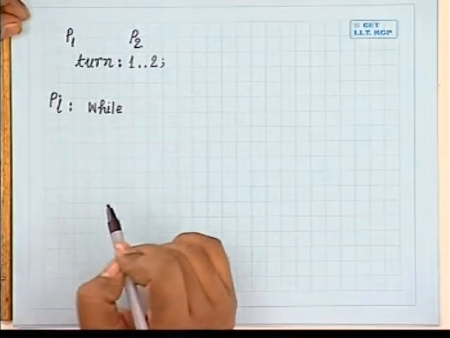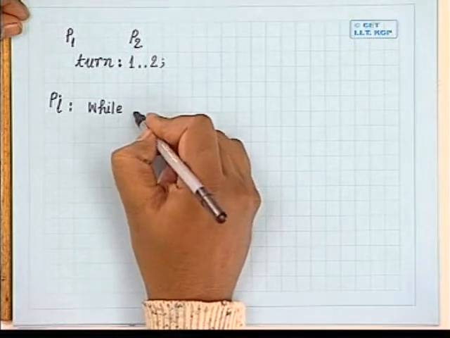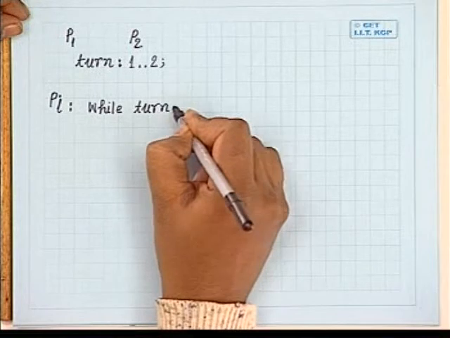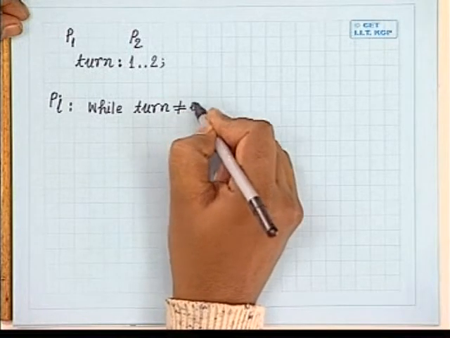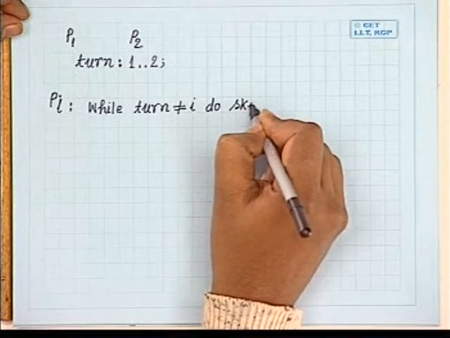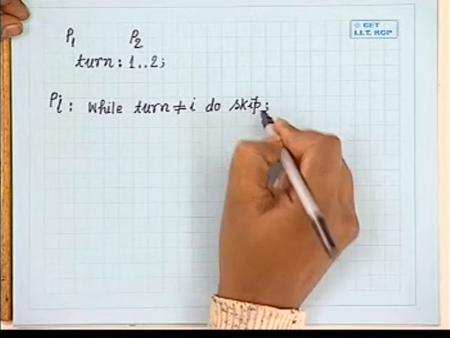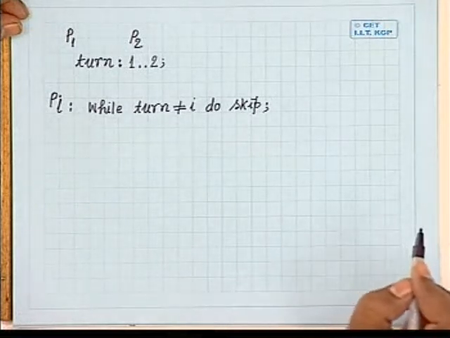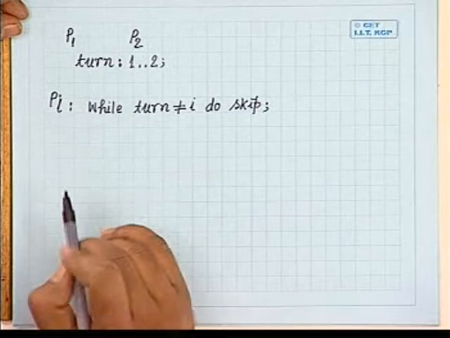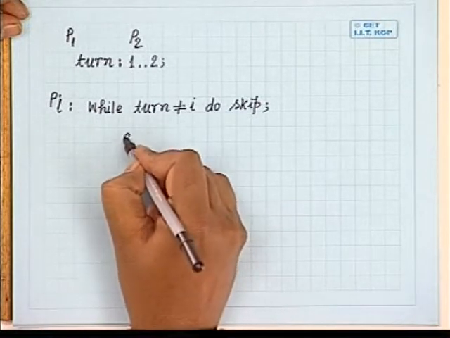So in the entry section, we can write: while turn is not equal to i, do nothing. So this is just a waiting loop. When turn is equal to i, only then can this ith process enter the critical section. Following this, I can have the critical section.